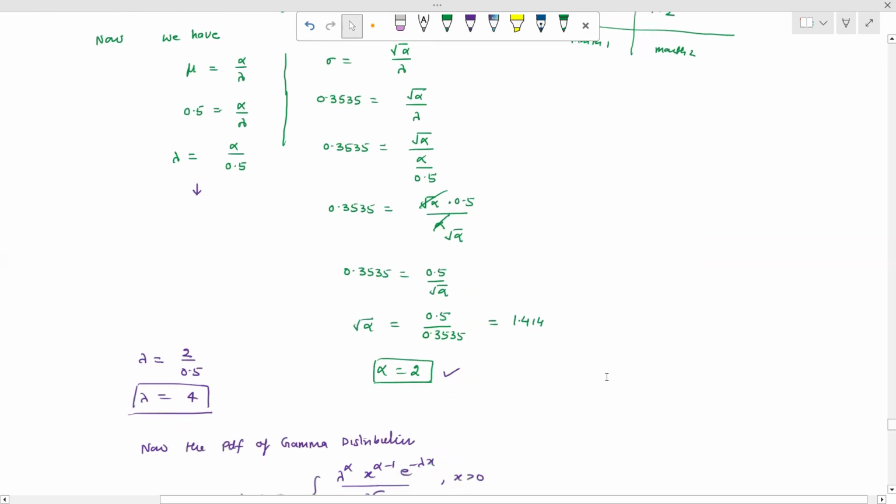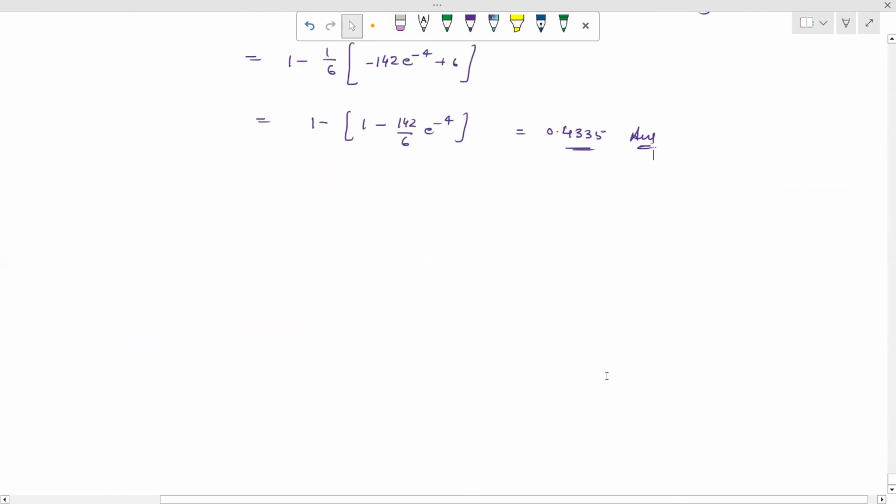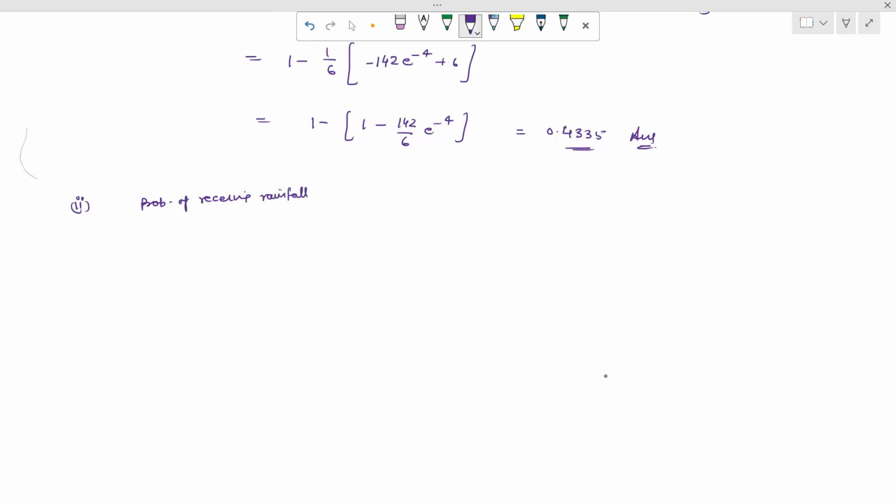So now we are going to solve the second part, the probability of receiving more than 1 centimeter rain during 2 month period.